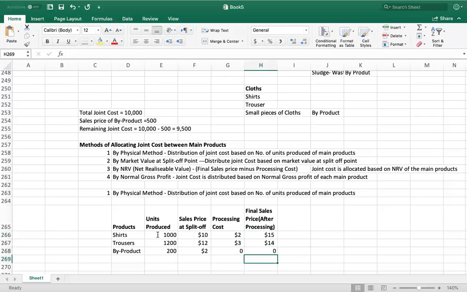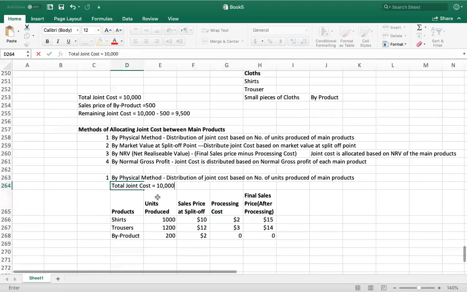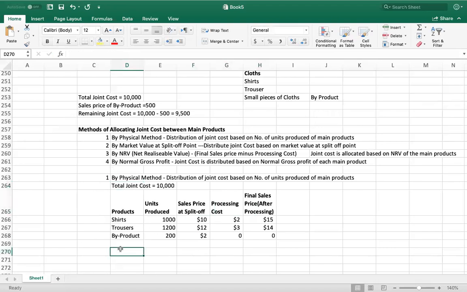So we have total joint cost equal to 10,000, for example. This is our total joint cost. First step, we will calculate the remaining joint cost. What is the joint cost to be allocated?